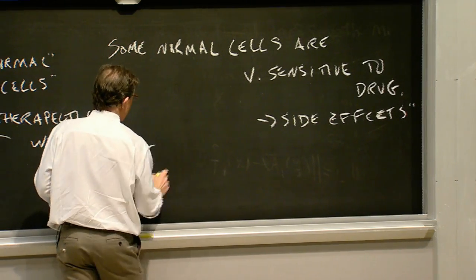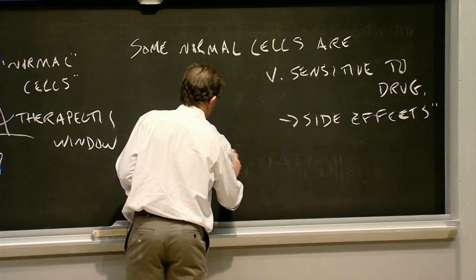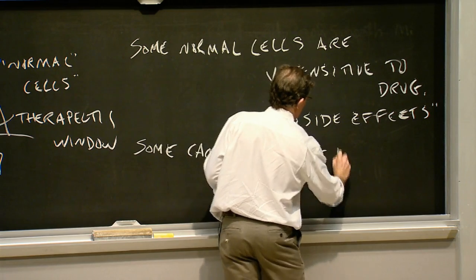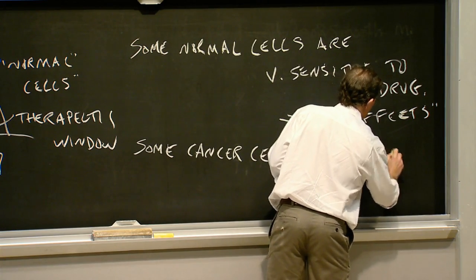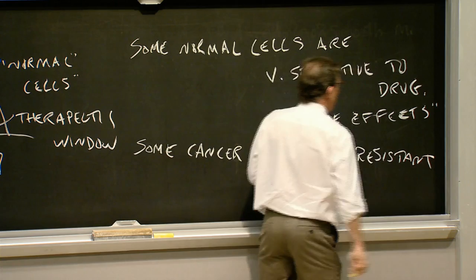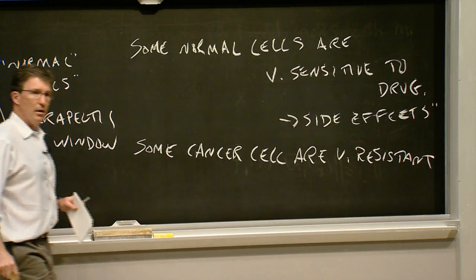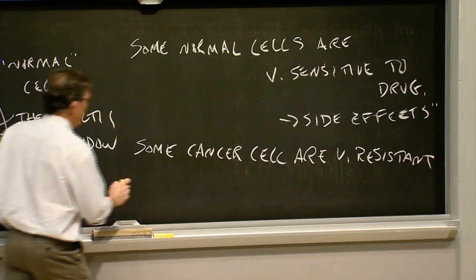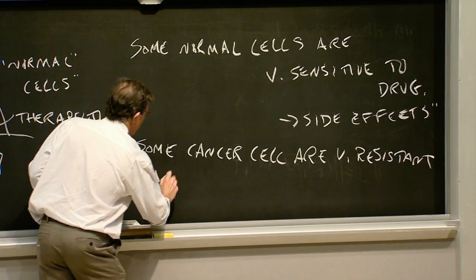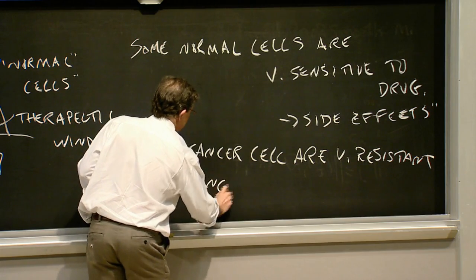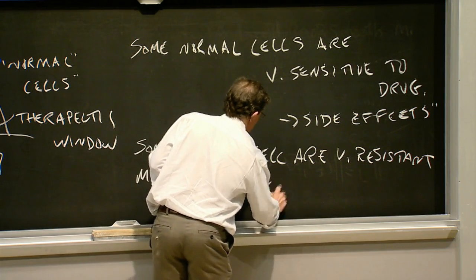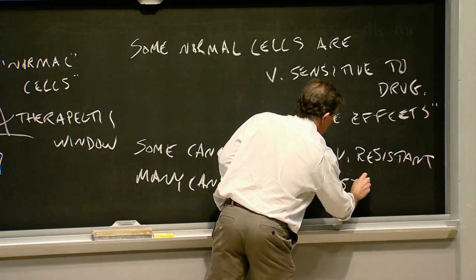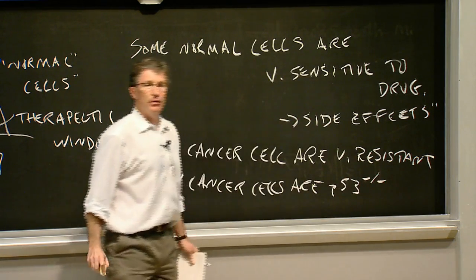A second problem is that some, in fact not a small percentage, are very resistant to the concentrations of the drug, even high concentrations of the drug. And one reason for that is that many cancer cells are lacking p53.